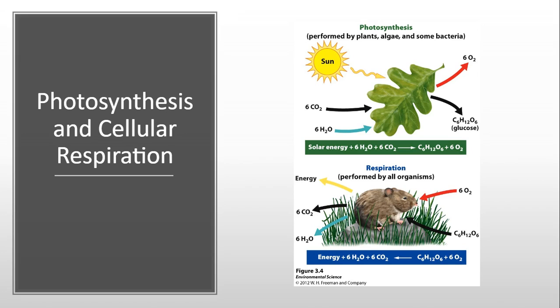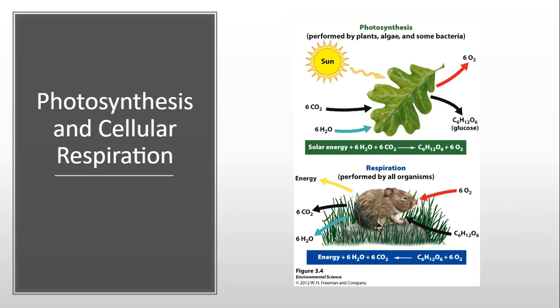Thinking back to bio, we know that organisms that perform photosynthesis are classified as producers or autotrophs. That can be anything like a plant, algae, and even some bacteria. During photosynthesis, they capture solar energy, use water and carbon dioxide from the atmosphere to change that CO2 into glucose, C6H12O6, as well as produce oxygen as a byproduct.